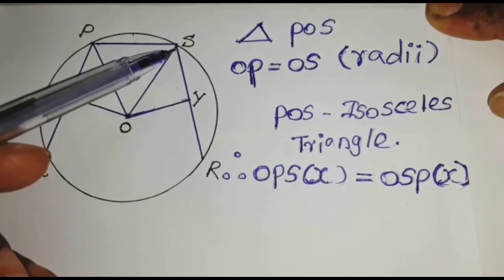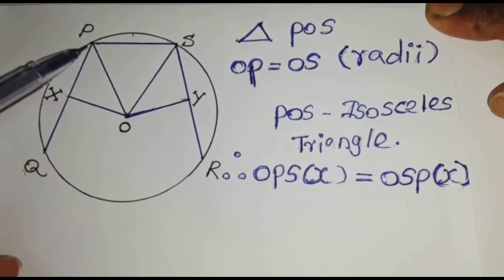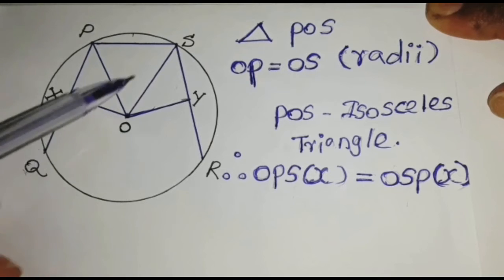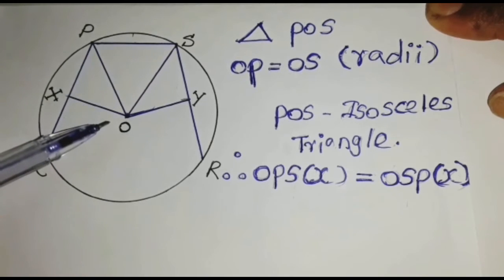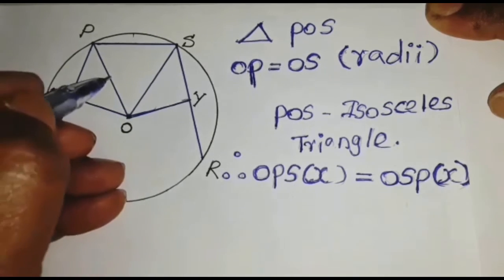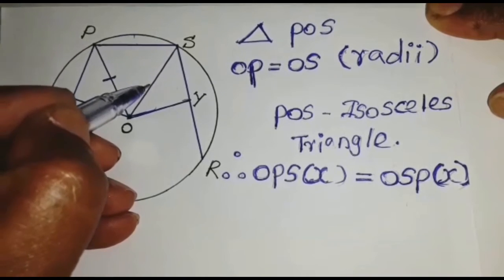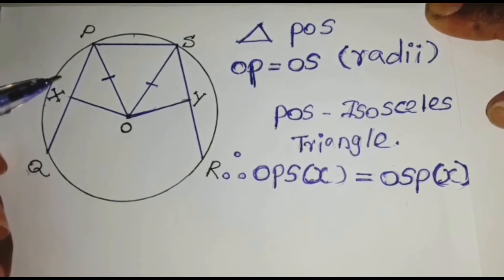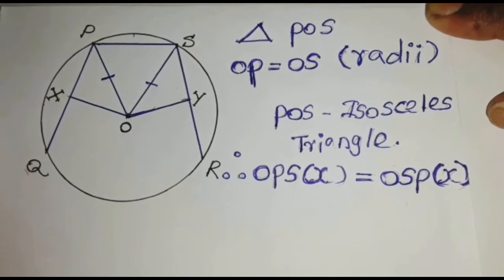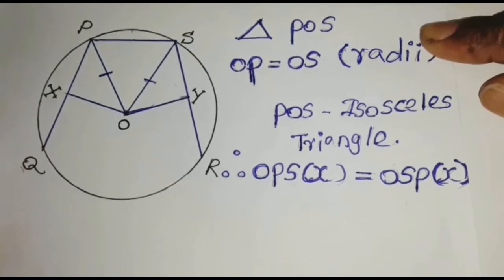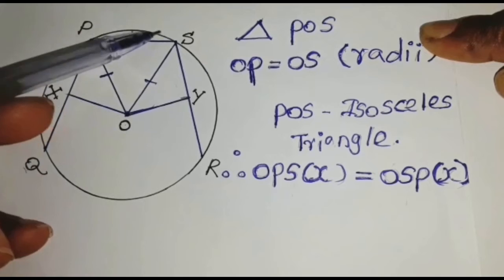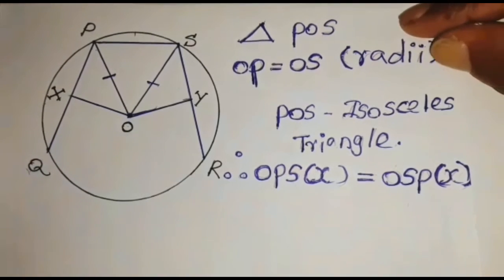Now look at the triangle POS. In triangle POS, OP is a radius and OS is also a radius. So OP equals OS. We know when two sides are equal, we call the triangle an isosceles triangle. So POS is an isosceles triangle.